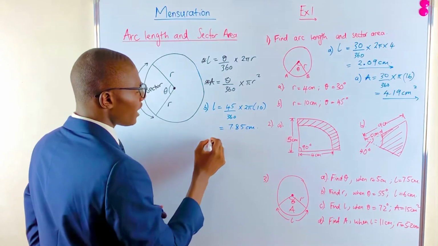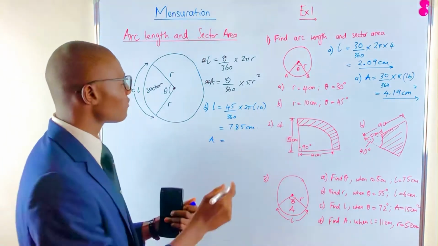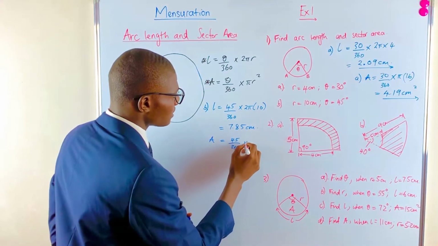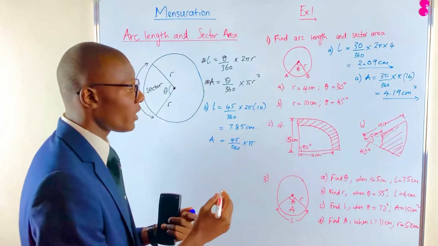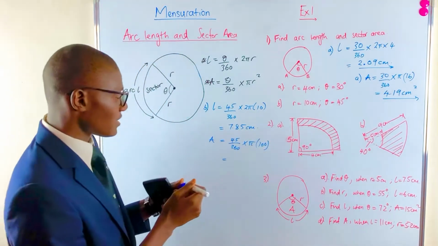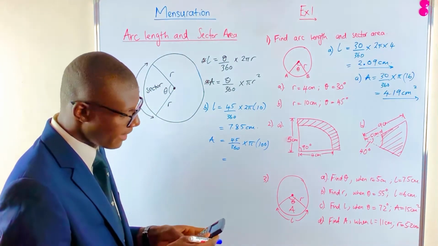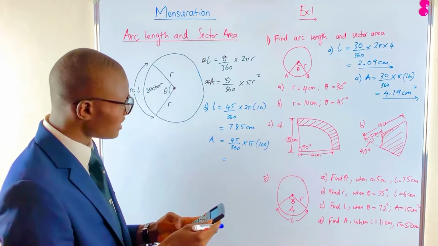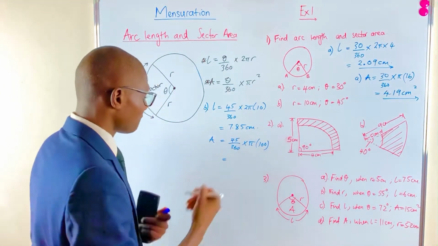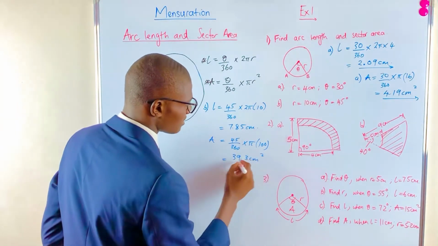Then for the area, this is for part B, we're saying theta over 360, which is 45 over 360, times pi r squared. 10 squared will give us 100. Such that we're saying 45 times 100 pi divided by 360, that will give us 39.3 square centimeters.